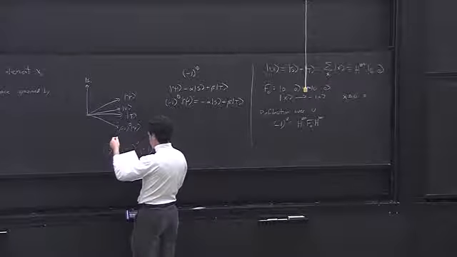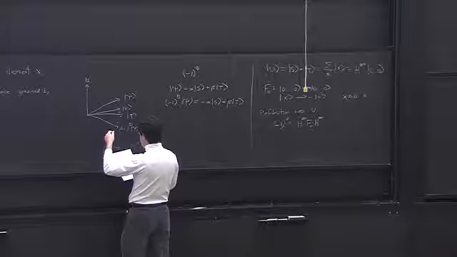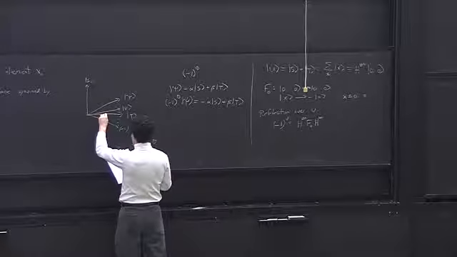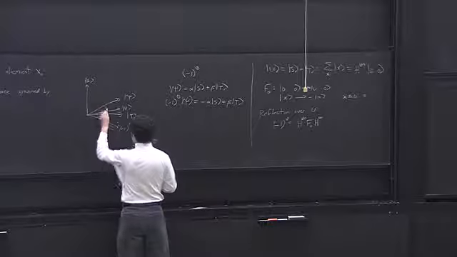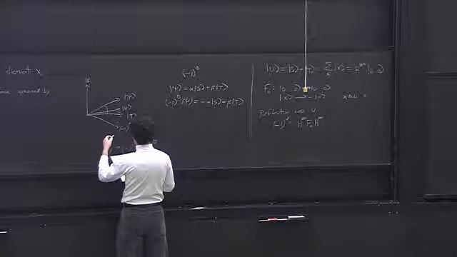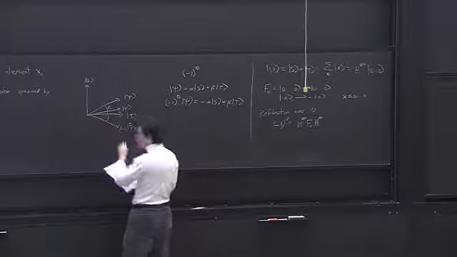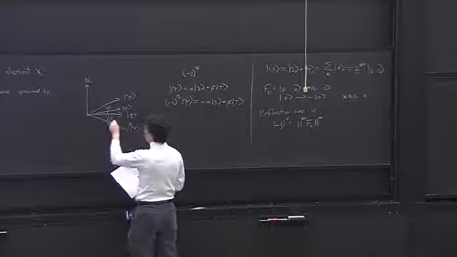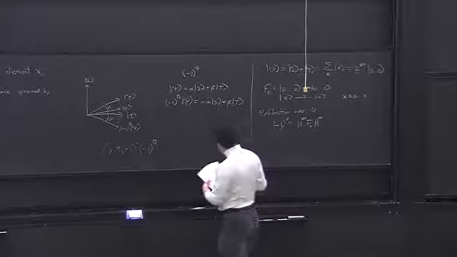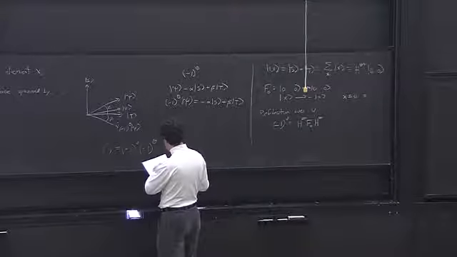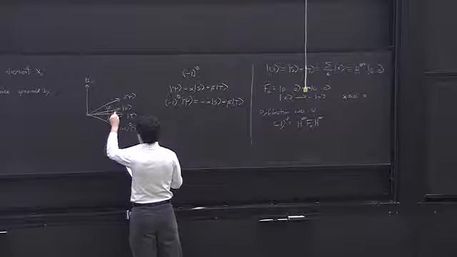So let's see, this angle here, maybe I can use colors. This angle here, I'm going to call phi. And this angle here is also phi. Then let this angle here be theta.